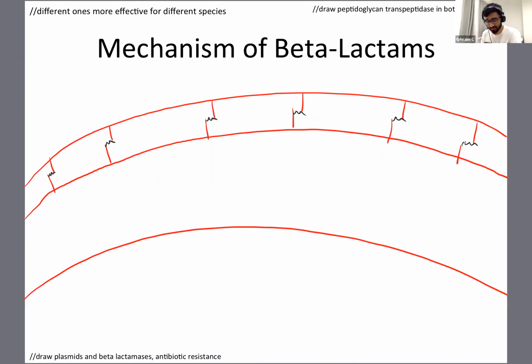The enzyme that catalyzes the formation of these bonds has a special name. These enzymes sit in the bacterial cell wall and keep the integrity of these peptide bonds, which overall keeps the integrity of the peptidoglycan cell wall. These enzymes are called transpeptidases.